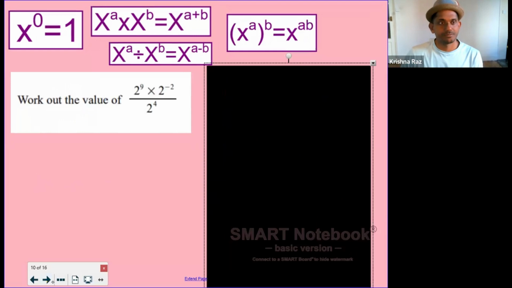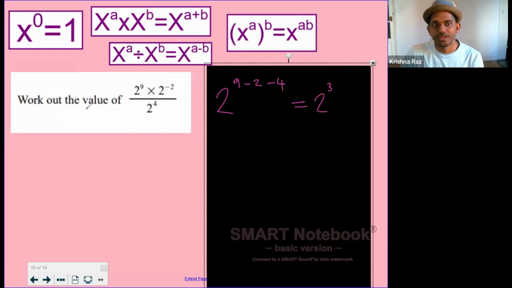Then what's next? Right, give this one a go. Again, pause the video. Welcome back. So we've got 2 to the power 9 plus minus 2 minus another 4. So the answer will be 2 cubed.